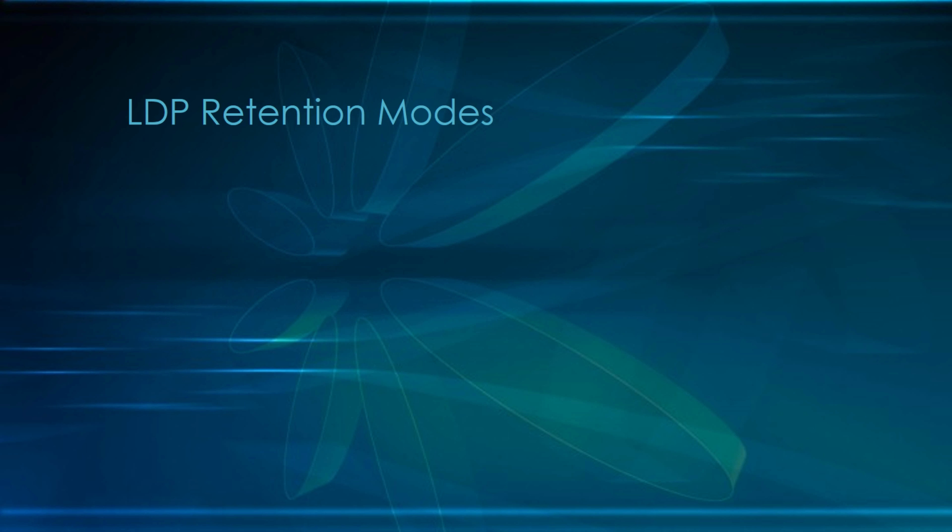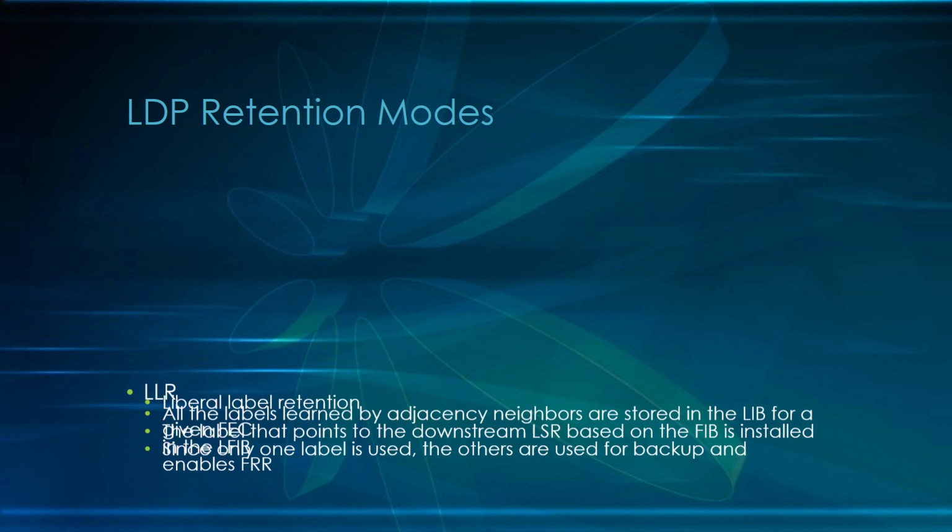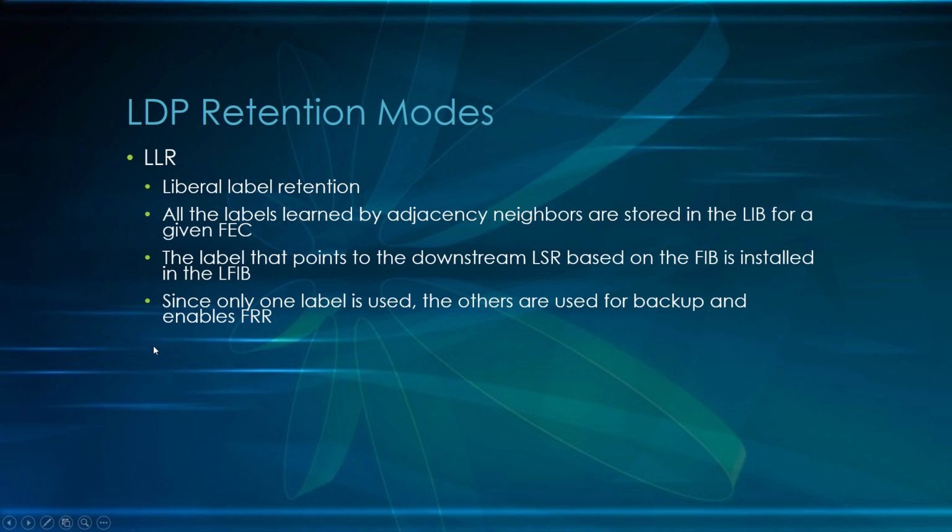Now there are a couple of retention modes. We have LLR, or liberal label retention, where all the labels learned by adjacency neighbors are stored in the LIB for a given FEC, and the label that points to the downstream LSR based off the FIB is installed in the LFIB. Since only one label is used, the other labels are used for backup and enable fast reroute.